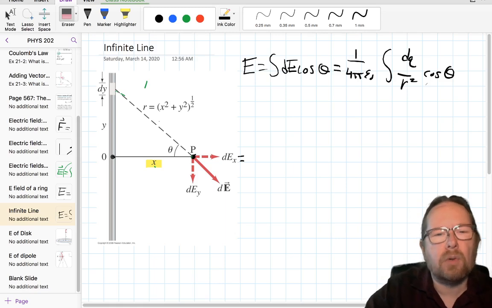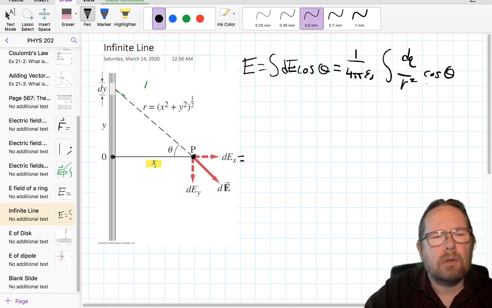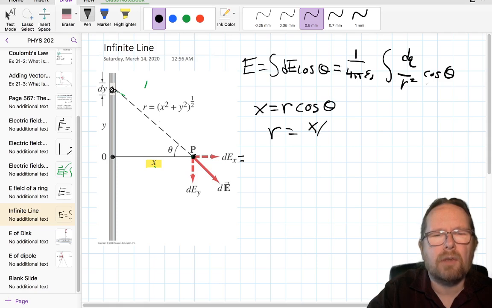So the first thing we want to recognize is that r, this distance from each little bit of our charge to the point of interest here, we can write that x is equal to r cos theta. So r is equal to x over cosine theta.